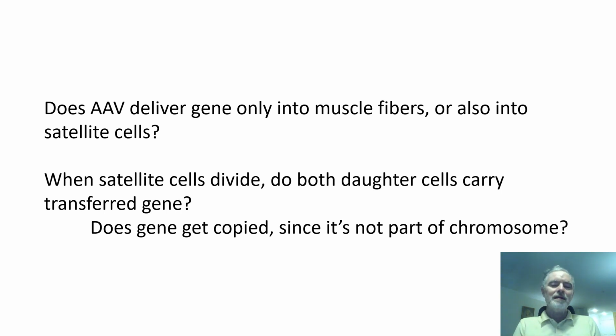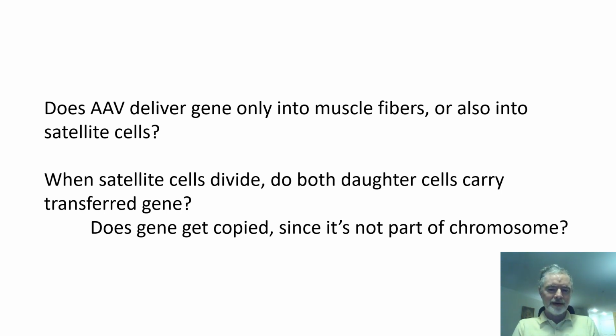But the satellite cells do divide, and so then there's the question, well, is the gene that we've transferred also going to get copied and inherited by both the daughter cells? We don't actually know that, because it's not part of a chromosome.